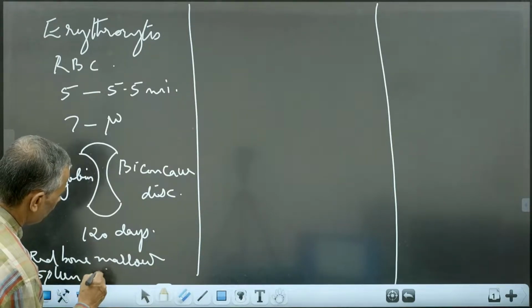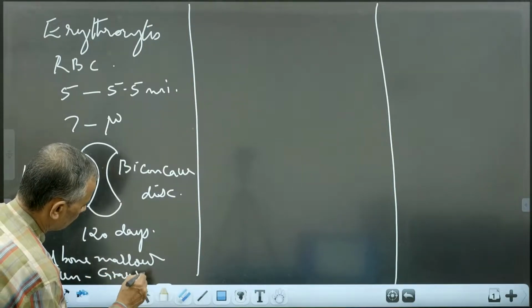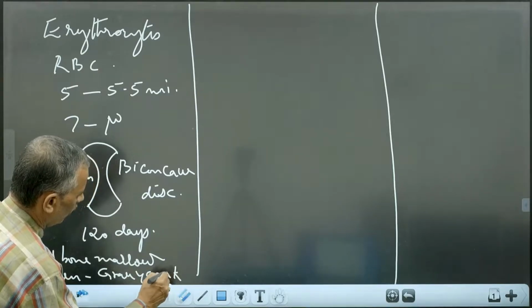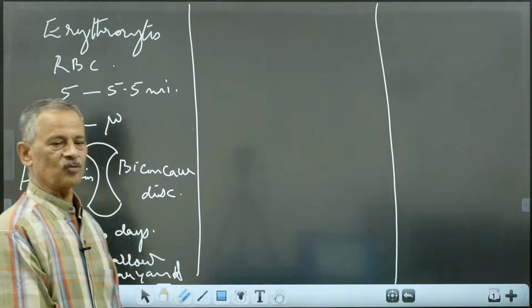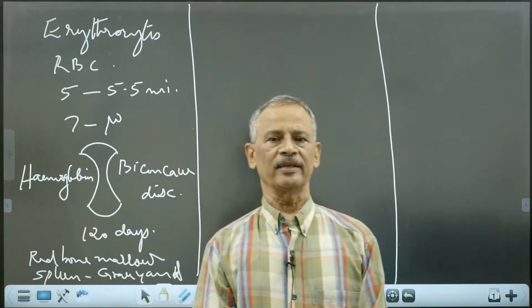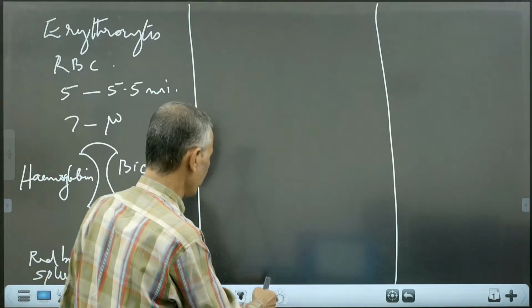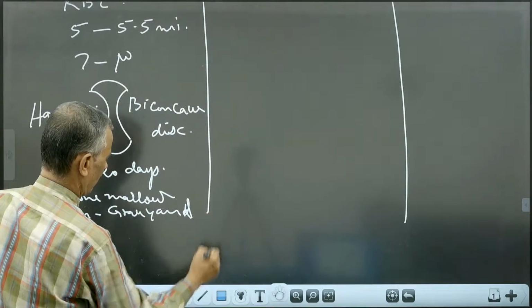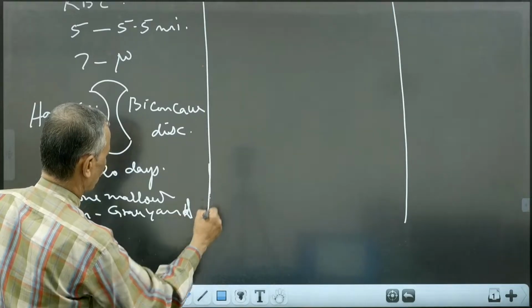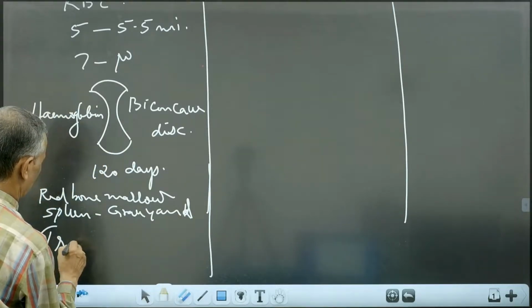Spleen is the graveyard. What is the main function of RBC? It is transportation of both oxygen and carbon dioxide. That is the main function. So, respiratory gases are transported. Transport of gases. That is the main function.